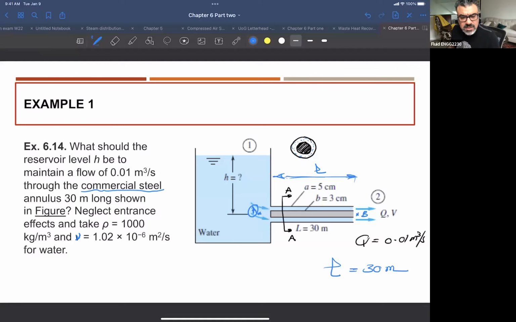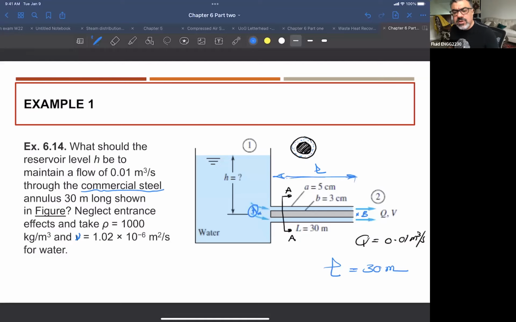What is going to be missing here is the friction factor to find the head losses. It just happens in this case that the flow is moving in an annulus. It is a circular annulus, but it's not a pipe because it's blocked in the middle.